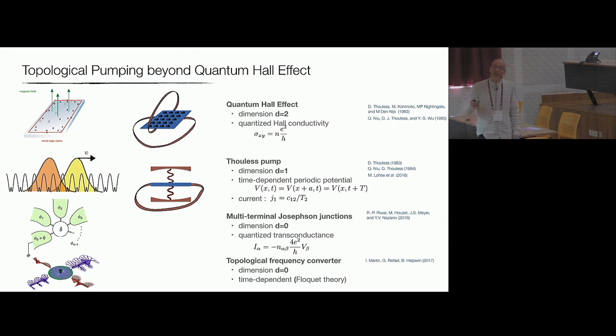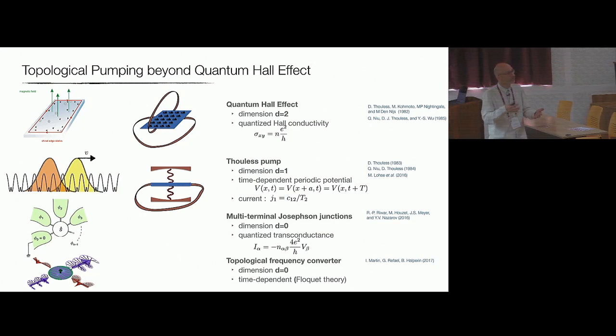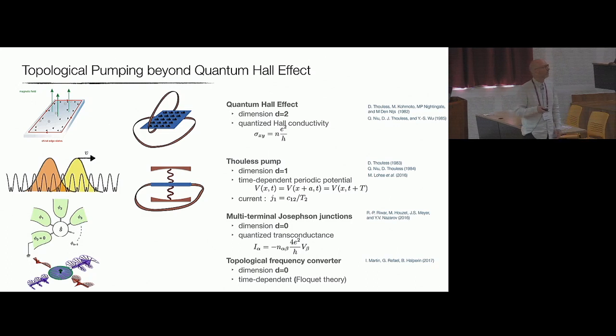What we've done here is basically realizing that the same physics occurs in systems of different physical dimension. You don't need to be in 2 dimensions to have a response which is analogous to that of the quantum Hall effect. What you need is to connect your system to 2 independent probes, in a way which was naturally realized in the quantum Hall effect.